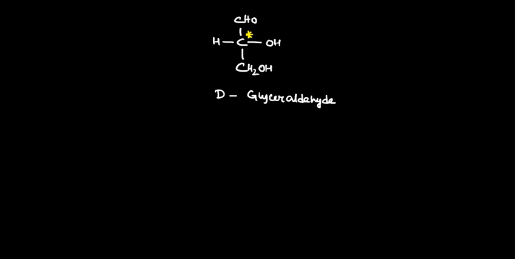Now if we consider the horizontal groups, on the right hand side we have OH, on the left hand side we have H. Now if we concentrate on OH, OH is that group which is directly attached through O to the carbon atom. Now if we consider the electronegativity of hydrogen and oxygen, oxygen is more electronegative and it is directly attached to the chiral center and it's on the right hand side. So that's why, since this OH group is on the right hand side, this is specified as D-glyceraldehyde.